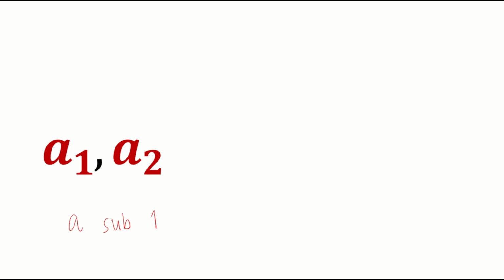Next, we have small letter A with the subscript 3, read as A sub 3. This notation represents the third term of the sequence. Next, we have small letter A with the subscript 4, read as A sub 4. This notation represents the fourth term of the sequence.